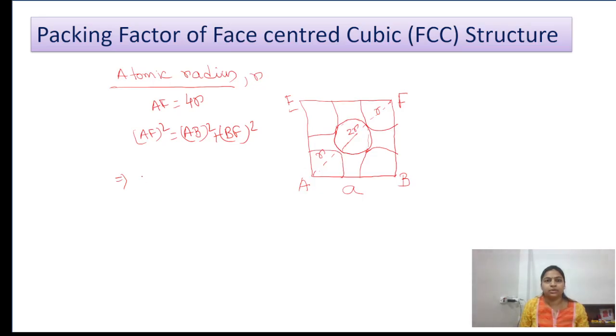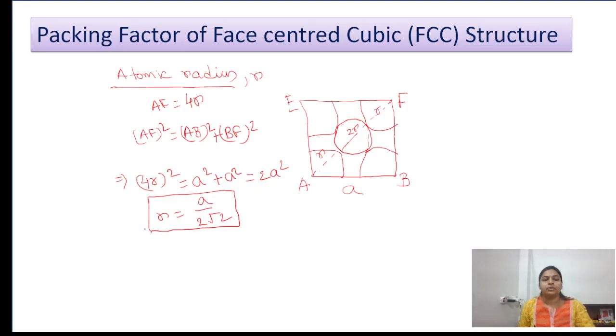So 4R square is equal to A square plus A square, since each side is A. So this is equal to twice A square. Then we can find R is equal to A divided by 2 root 2. This is the atomic radius for the FCC structure.